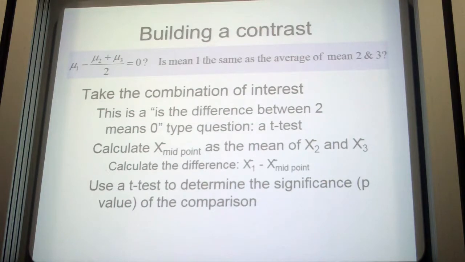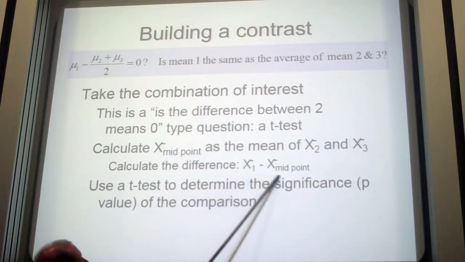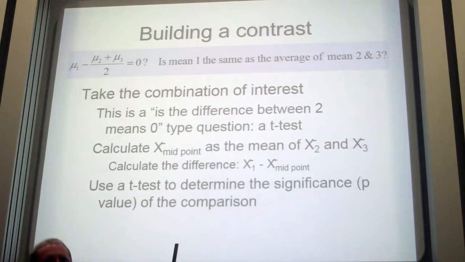So if we can set it up so that we've got a difference of 0 that we're expecting, we do a t-test. So if you're expecting the values from a study to lie at the midpoint between 2 others, and that's your hypothesis, so theoretically that's what should happen, you can evaluate it directly.